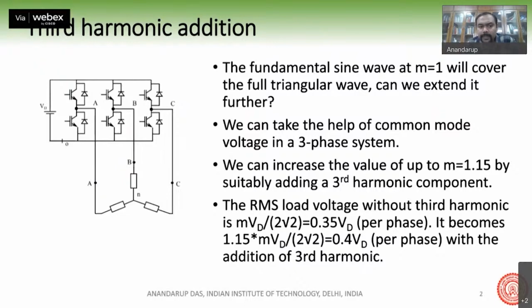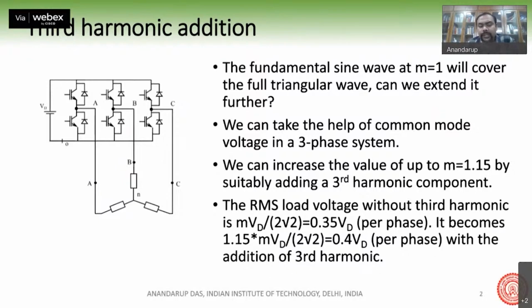Now, this third harmonic will not be able to force any current through the load, because the load neutral point is isolated. It is not connected anywhere. And in this isolated neutral point, the sum of the three currents is always zero.